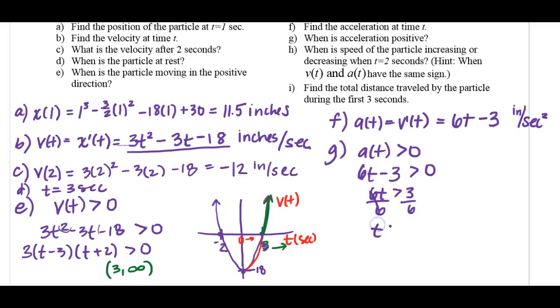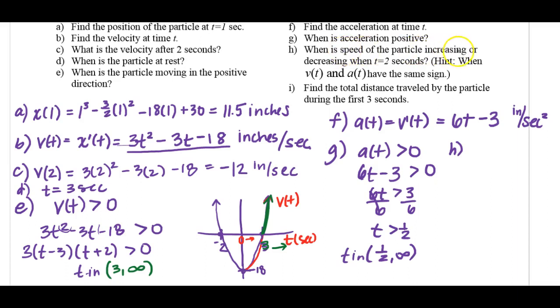So this is when t is greater than 1/2. So in interval notation from 1/2 to infinity. So acceleration is positive for time values from 1/2 to infinity. So this was a time interval as well. So this is time in 3 to infinity, and this is time in 1/2 to infinity as well.